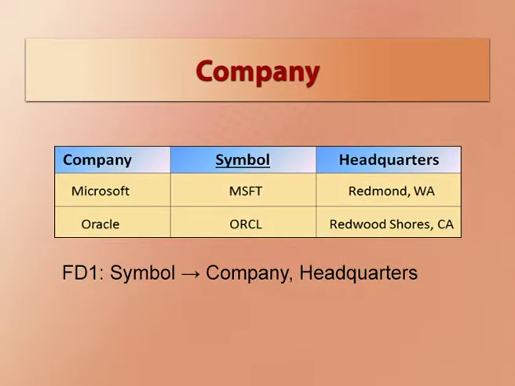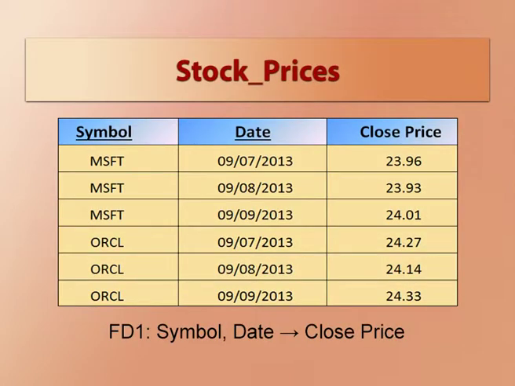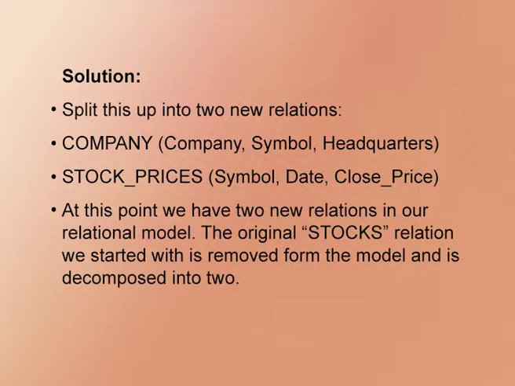So, it appears similar to the one that I am showing over here. The company, symbol and headquarters are in one table, and in the second table stock prices are mentioned. Here you can see functional dependency 1: symbol functionally determines the company and headquarters.